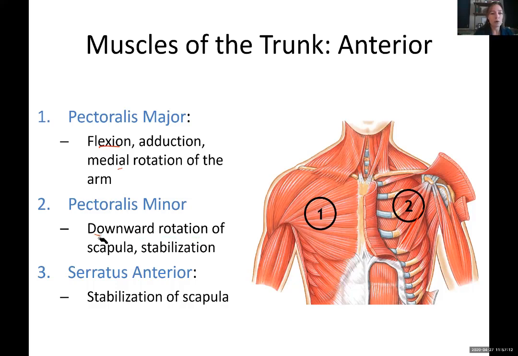But notice I put in the word stabilization, because when it contracts, it's not really doing a lot of movement. It's just grabbing onto the scapula. It's not like the pectoralis major grabbing onto the arm and your arms are moving, whether you're doing push-ups or bench presses. Pectoralis minor, when it contracts, grabs onto that scapula and holds it still.